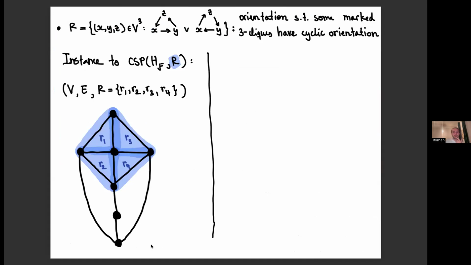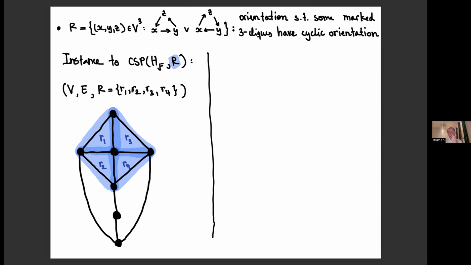So as a last thing, let's quickly look at what I exactly mean by that. Expand a bit on this example. So again, R is this relation I already talked about. And what do instances of the CSP of HF together with R look like? This will be a set of vertices, a set of edges, and then a set of ternary relations R1.